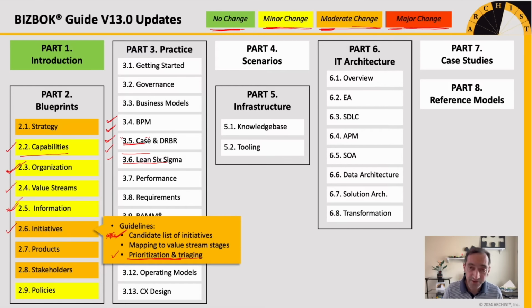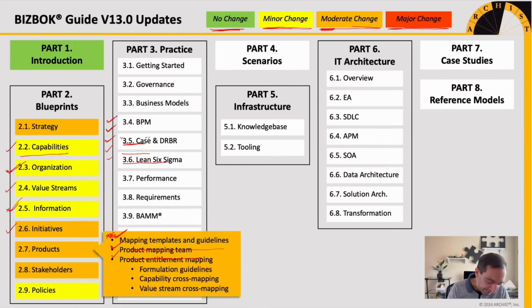So it's really great to see that we are putting more and more emphasis and focus on the true value of business architecture in the end-to-end strategy to execution framework. There's also a minor update on the mapping of initiatives to value stream stages, and then leveraging that to identify the capabilities that are being impacted in the scope of that initiative.